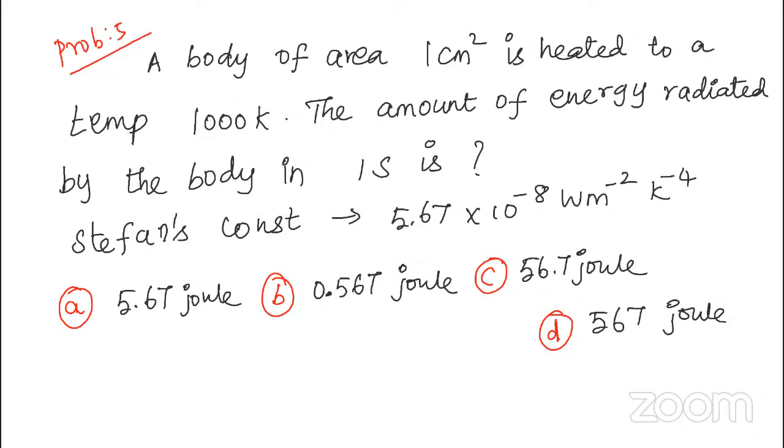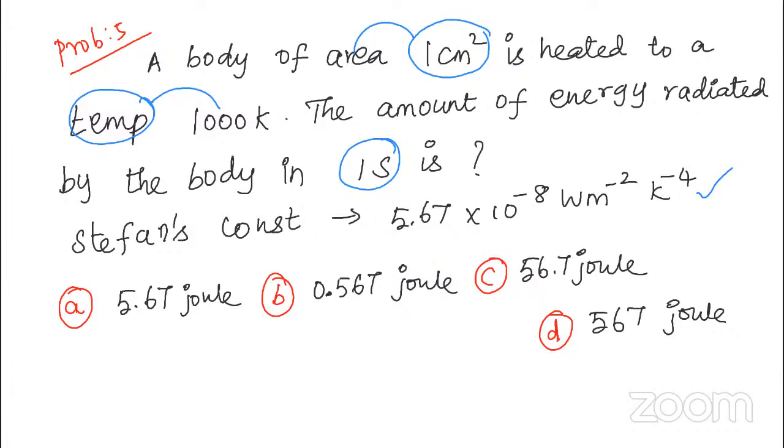Okay. Here we have to notice that in the problem they have given the area value and the temperature value. Then the time value is given as 1 second, and the constant value, the sigma value, is given. Let us now substitute in the formula. We have to calculate the solution now.